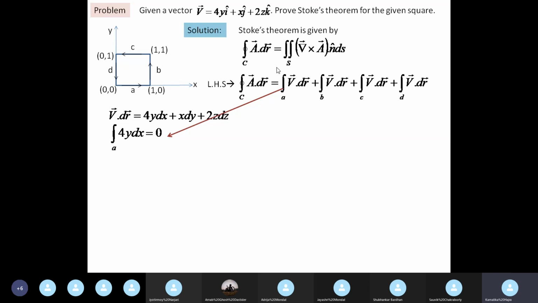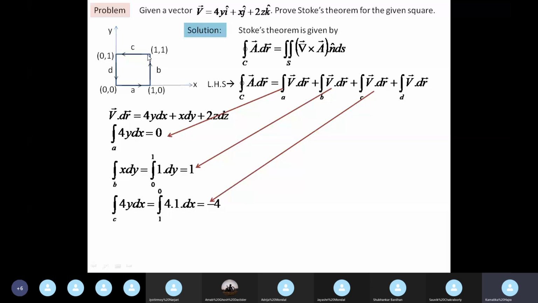So it comes out to be 4y dx because only x changes. But along this line, y is 0. So it comes out to be 0. Along the second line, we have x dy. Because the value of x does not change over here, dx is 0. So we are just left with x dy. Now the value of x is constant at 1. So I put x equal to 1. So the integration from 0 to 1 of dy gives you 1.